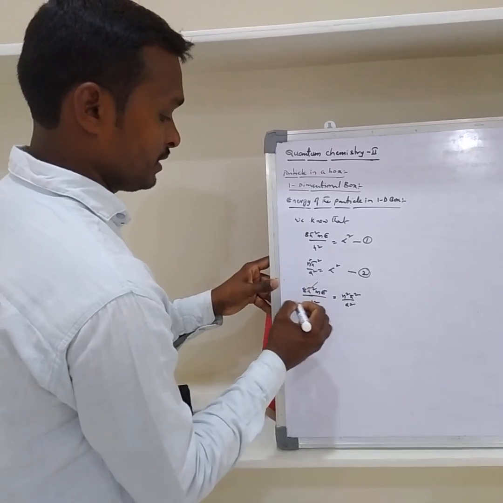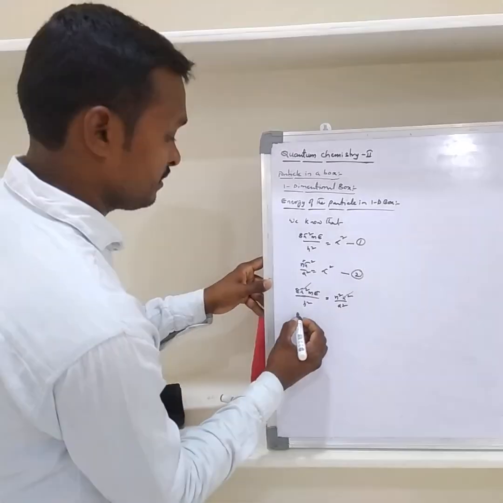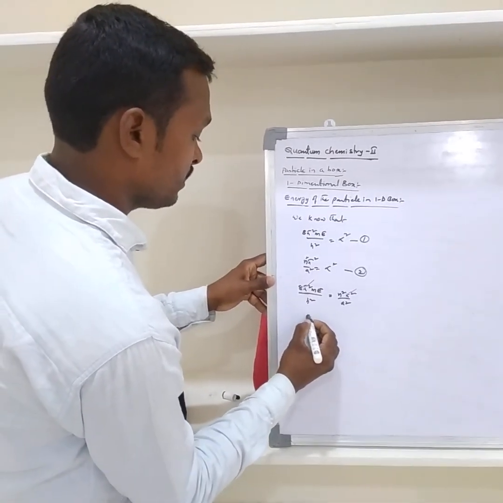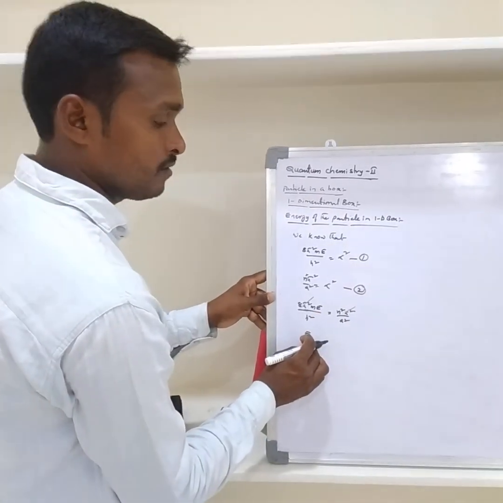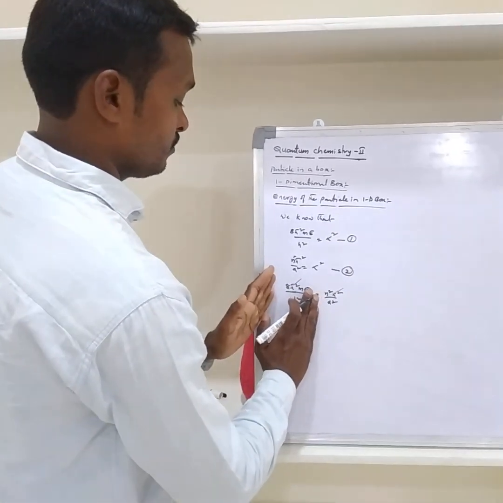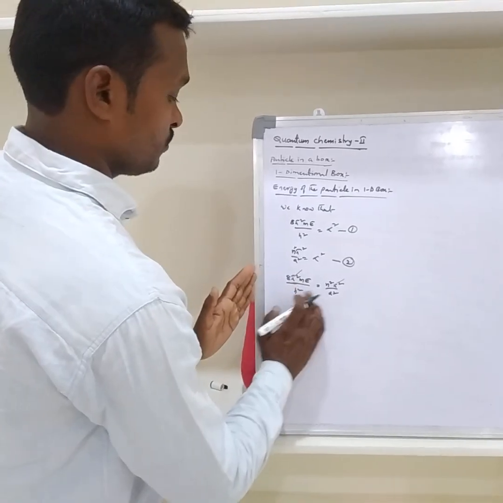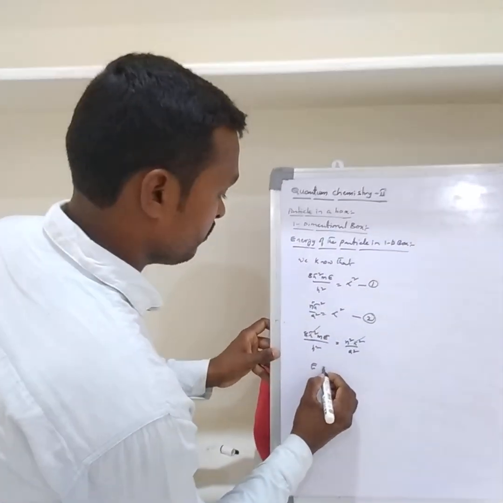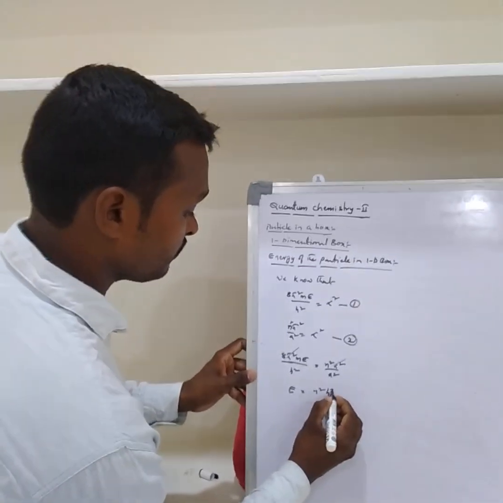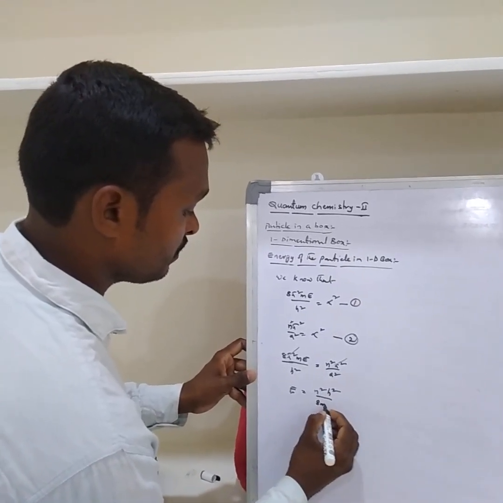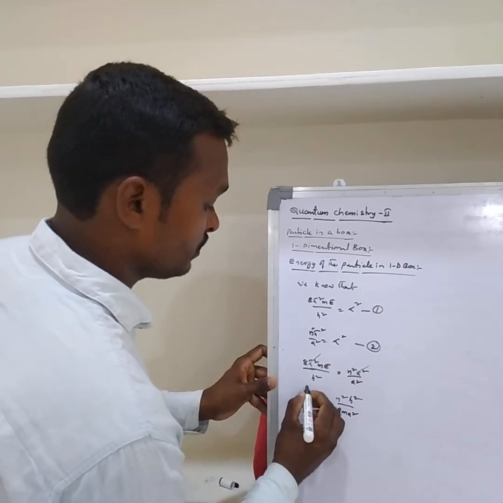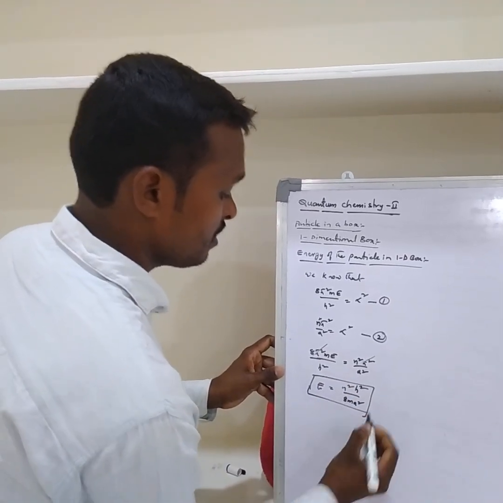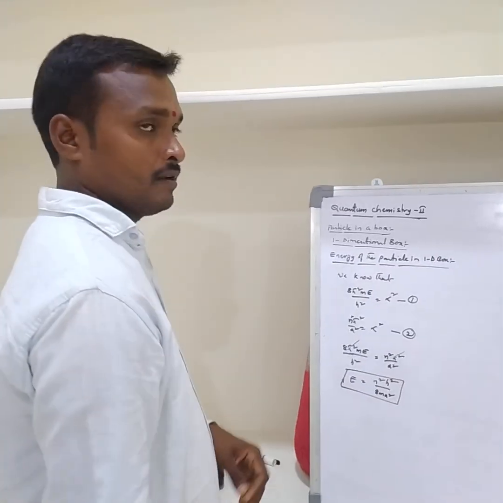So here π squared gets cancelled. We want energy here, so take the terms from the left: h squared goes to this side along with 8m, therefore E will be equal to n squared h squared by 8 m a squared. So this is the equation to calculate the energy of the particle in a one dimensional box.